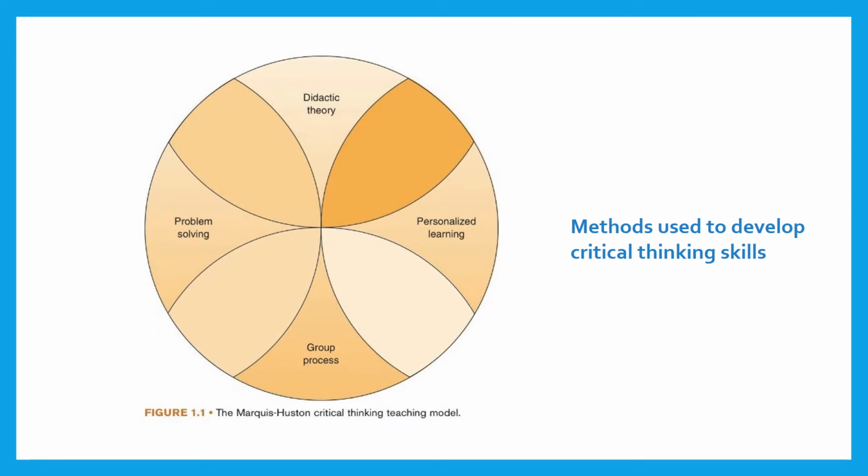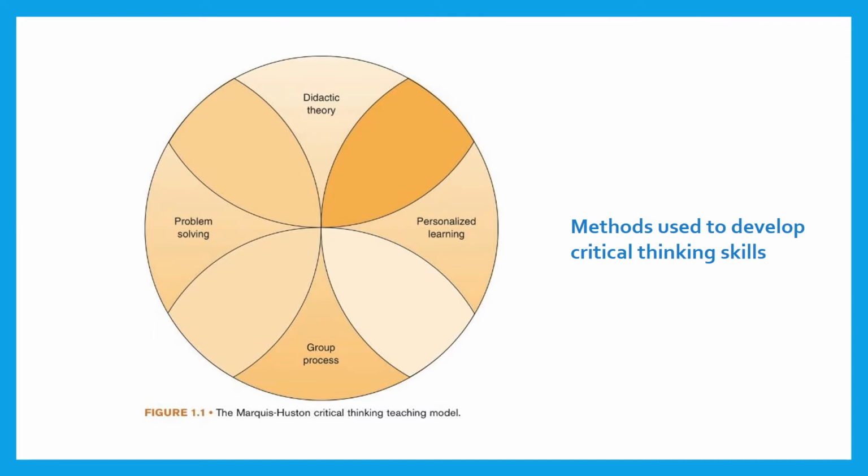So you're going to have didactic theory, meaning you're learning in school, right? So you come to class, you listen to your lectures, whatever it may be, you're educating yourself. Personalized learning is how you learn individually. So how do you learn best? Everybody learns a little bit differently, right? Some are visual learners, maybe auditory or kinesthetic, hands-on.